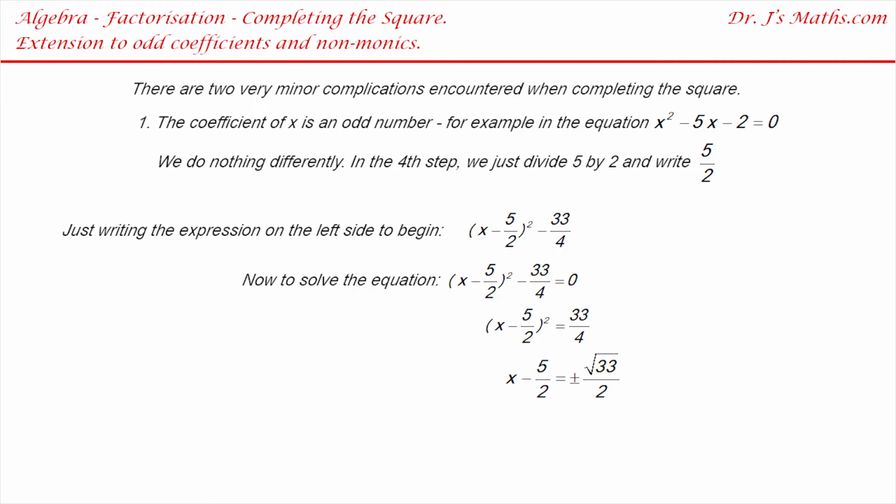The square root of 4 is 2, as it always will be in these cases. So add the 5 over 2 to both sides and we have x equals 5 over 2 plus or minus root 33 over 2. If you want to leave it like that, fine. Probably it's a little bit nicer if we simply wrote it as a quotient, 5 plus or minus root 33 over 2.